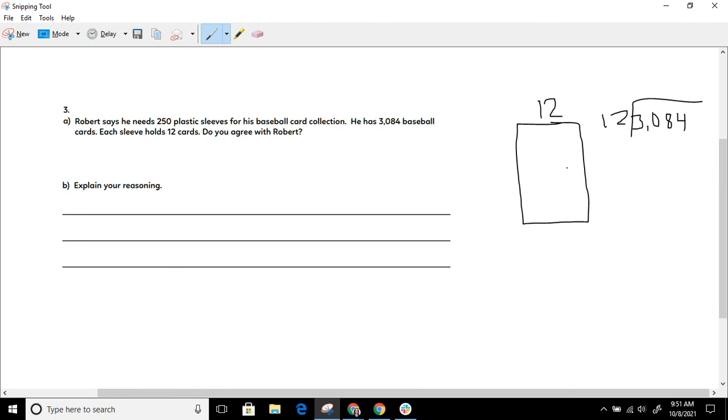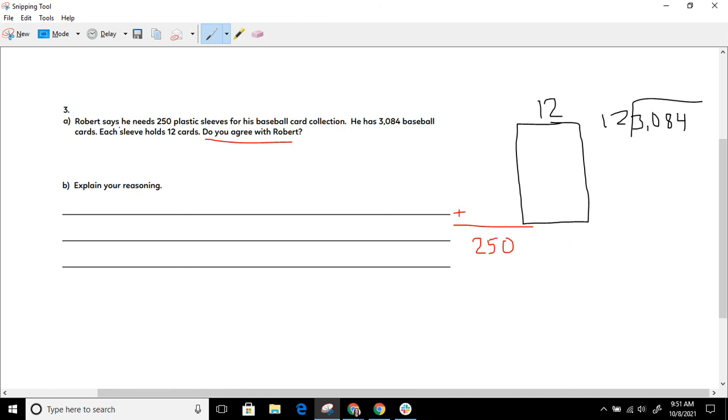Now to answer this question, do you agree with Robert? When you are done solving this problem and you add up all these numbers on the left here, you don't have to get 250, but if you get 250, then yes, you would agree.